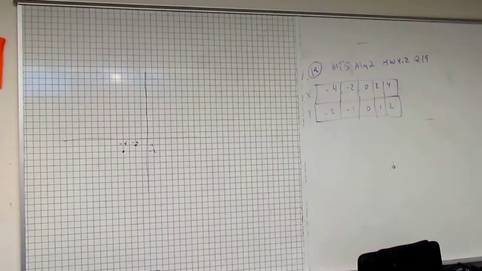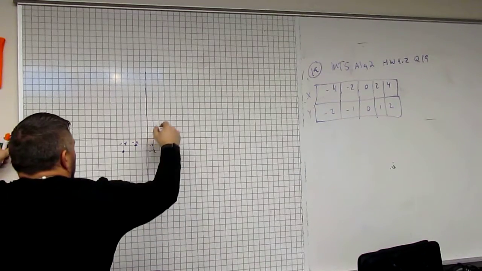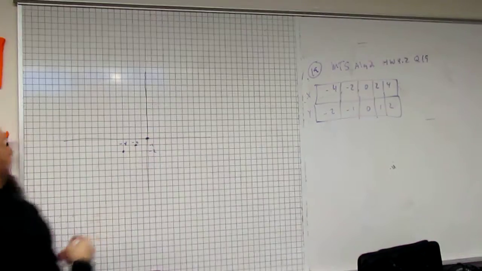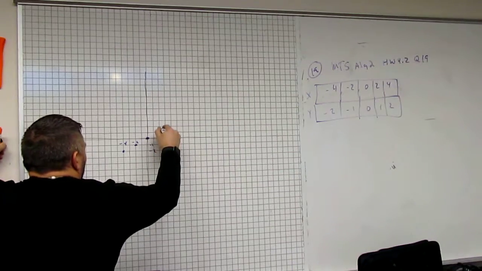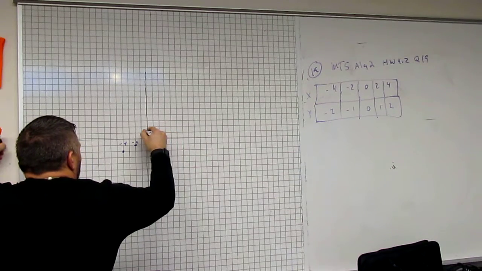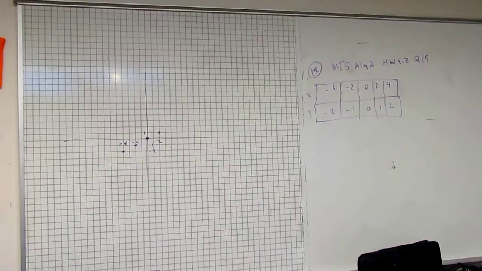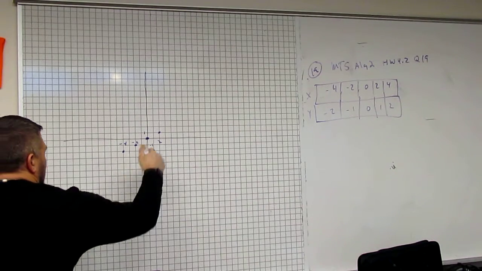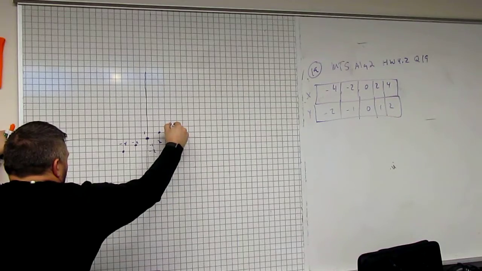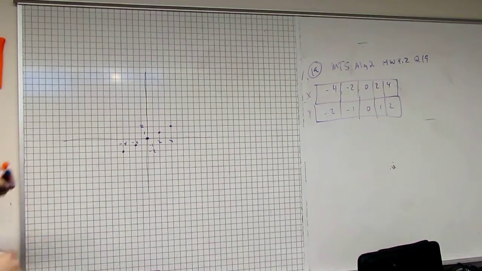And then we have 0 for x and 0 for y. And then we have 2 for x and 1 for y. Okay? And then we have 4 for x and 2 for y. Okay?